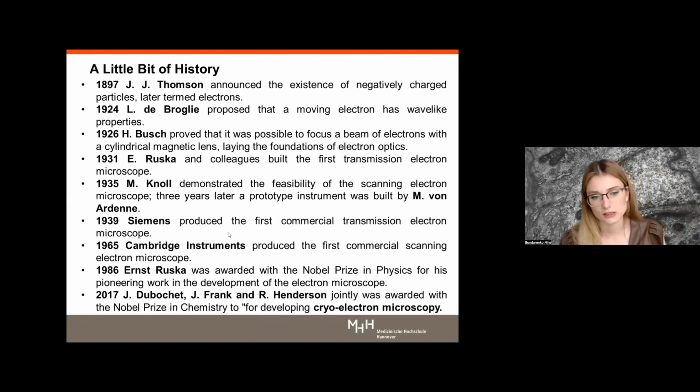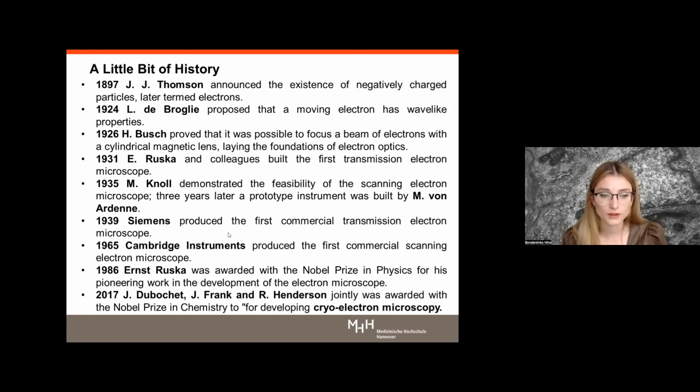So, a little bit of history. Everything started in 1897 when Thomson announced the discovery of negatively charged particles, later termed electrons. After that, de Broglie proposed that a moving electron has wave-like properties, so physical laws for these particles also worked and had the same formulas.